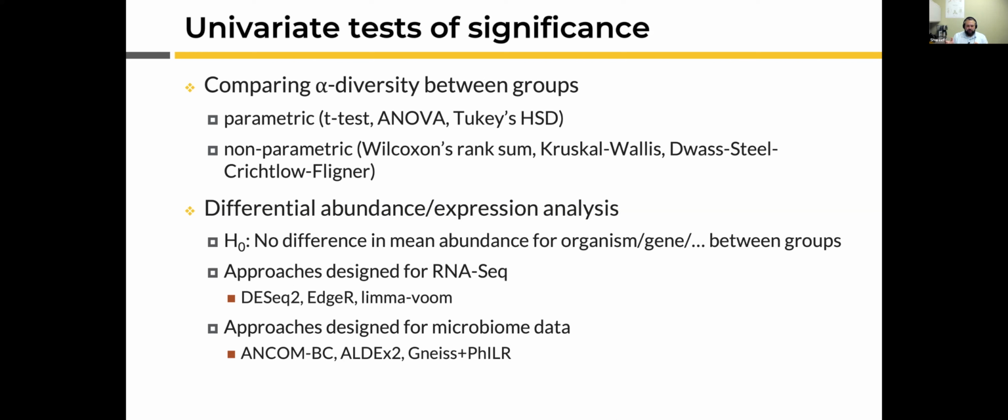So there are a lot of approaches for this. Some of the earlier ones were developed for microarray data. So limma was originally designed for microarray data. It's been updated. But the two primary approaches developed originally for RNA-seq data are DESeq2 and edgeR.